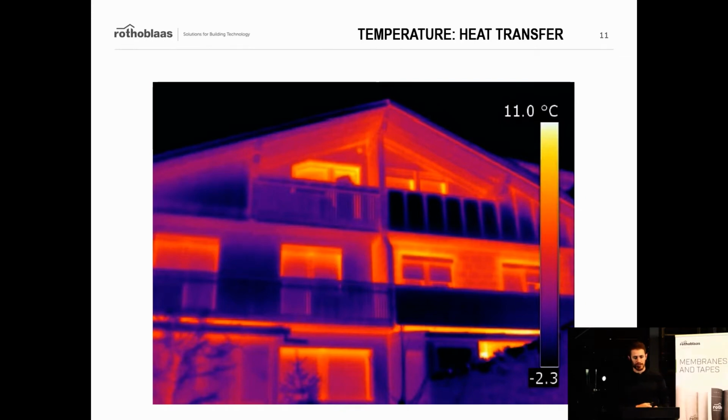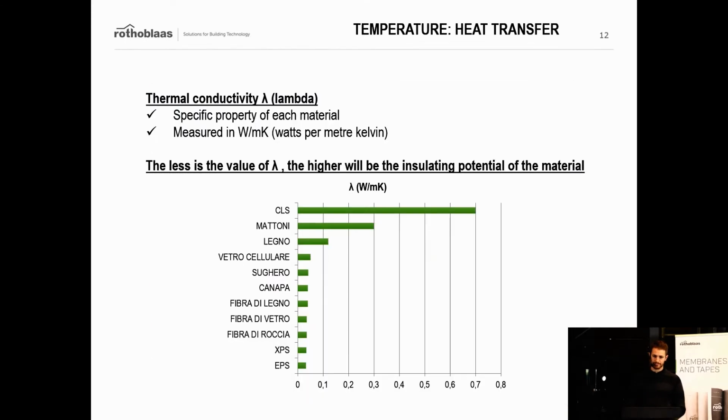We have places, for instance, around the windows, or when we have cold bridges, where the temperature is dropping down in some parts of our structure, and this is very bad because it can cause that condensation, because we always have vapor inside, and if the temperature is dropping down, it can be very dangerous.